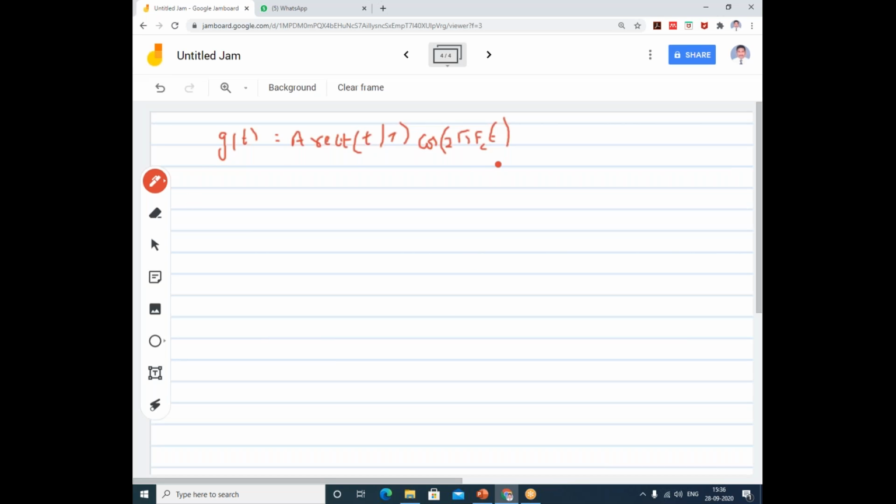So how am I going to solve this problem? First, I am going to write cos 2 pi fct in terms of exponentials.